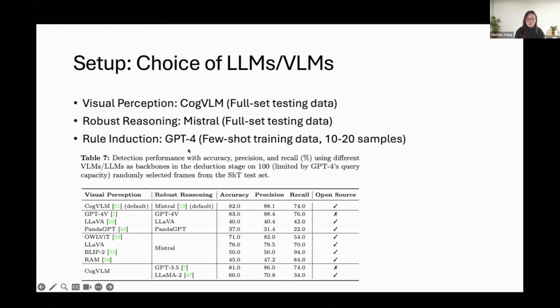In the rule induction, we use GPT-4 because it only needs to test around 10 to 20 samples, and we find that GPT-4 indeed has the best performance in the rule induction stage. We also tested other combinations of open source and closed source models, and finally we chose the best combination, CogVLM plus Mixtral.